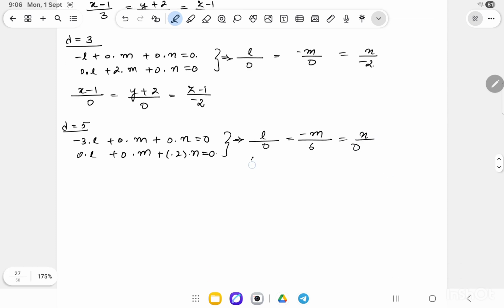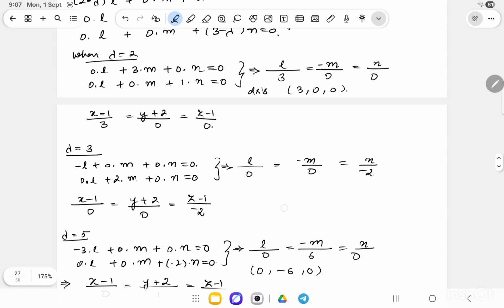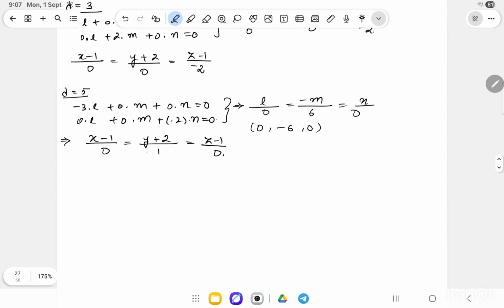So I'll be getting 0, minus 6 and 0 as direction ratios of the line. That will be basically x minus 1 by 0, y plus 2 by minus 6, or if we divide it throughout by minus 6, we'll be getting 1, is equals to z minus 1 by 0. So these are the three principal axes with respect to lambda equals to 1, lambda equals to 2 and lambda equals to 3.